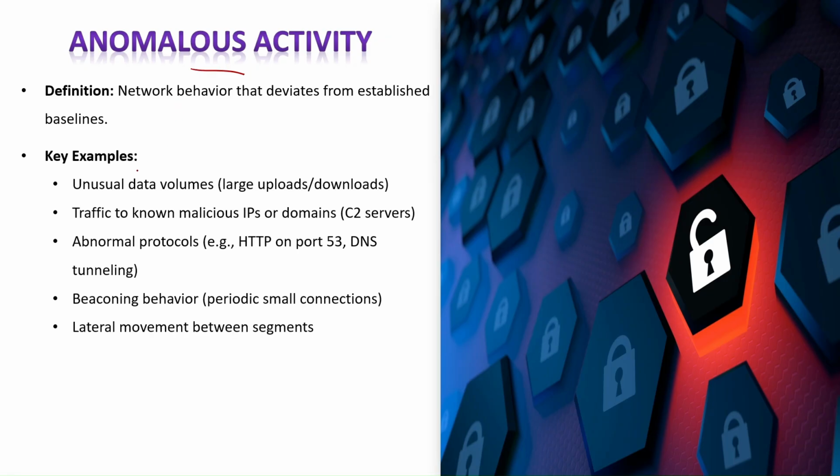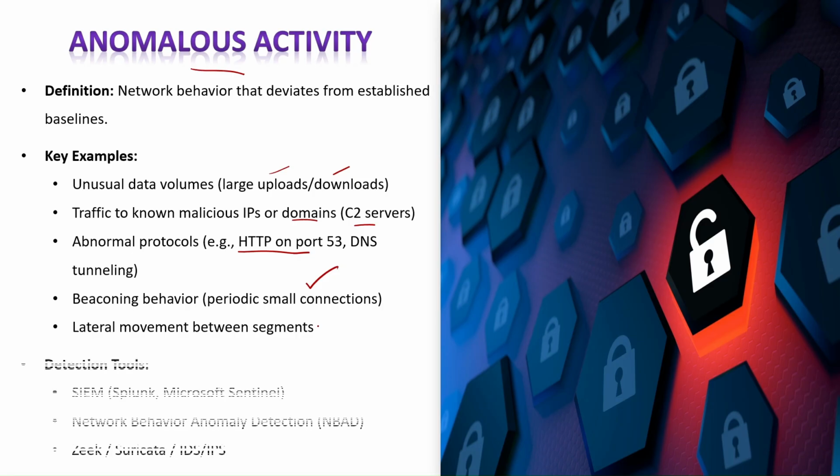Key examples include unusual data volumes, unusual data uploads and downloads, traffic to known malicious IP addresses or domain command and control servers, abnormal protocols such as HTTP on port 53 and DNS tunneling, and beaconing behavior, which is periodic small connections, and lateral movement between segments inside the organization's private network.